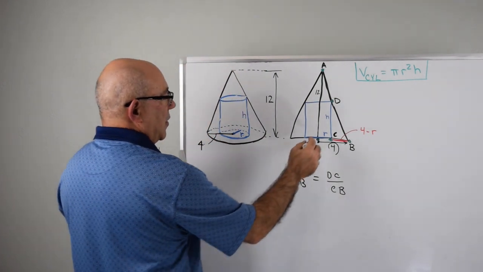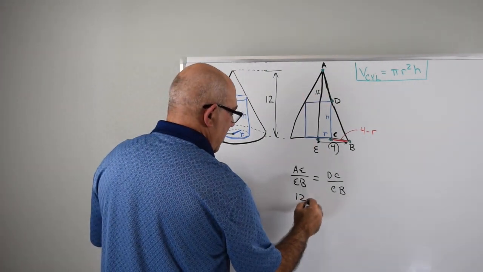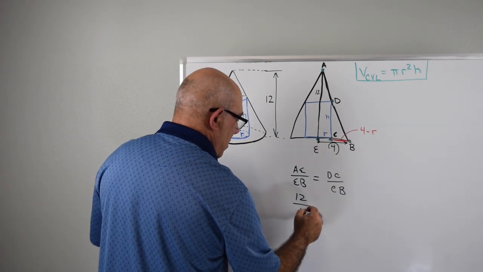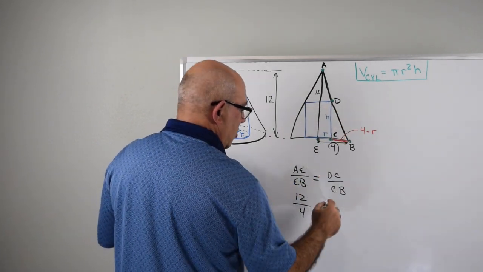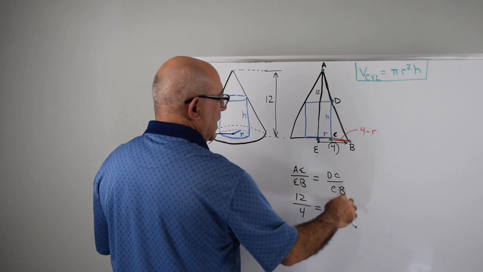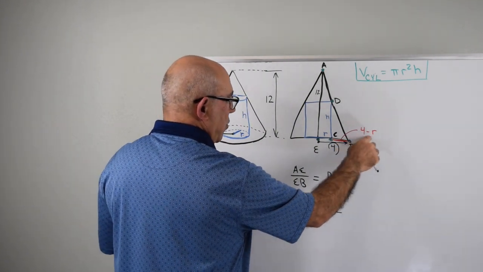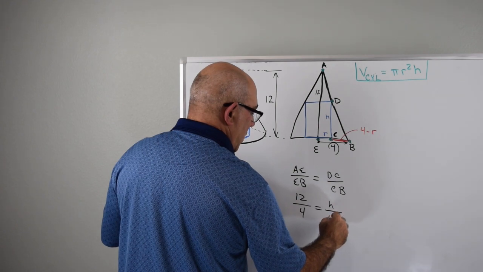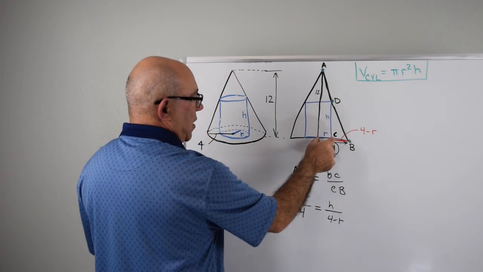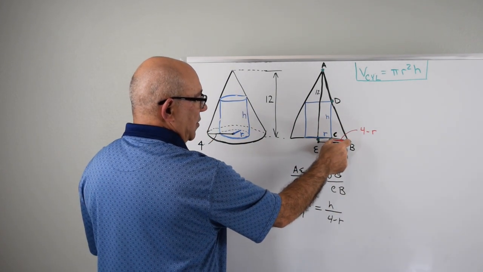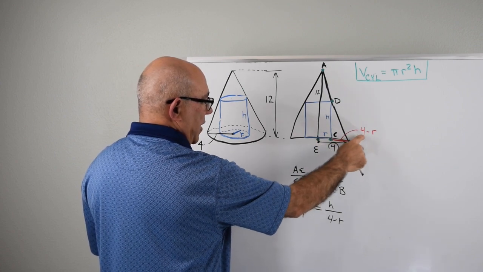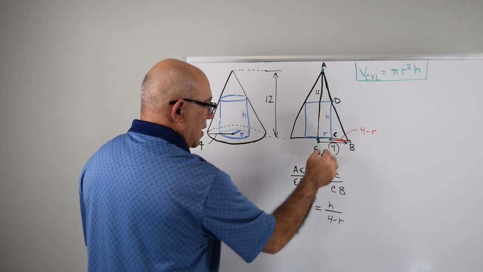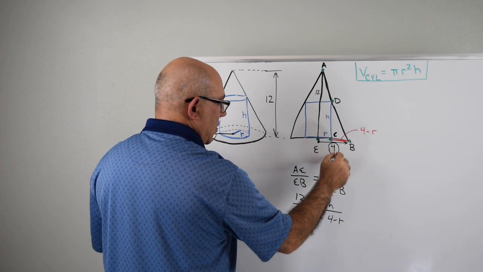AE we know is 12, and we know EB is 4. And we know DC is h, and CB is 4 minus r. How do we know it's 4 minus r? We know that this is r, and so this little piece that's left here is 4 minus r. If you add those together, you get 4. So that is 4, right?